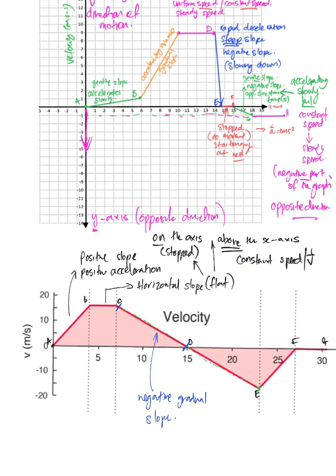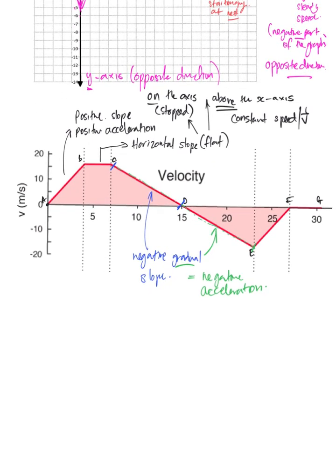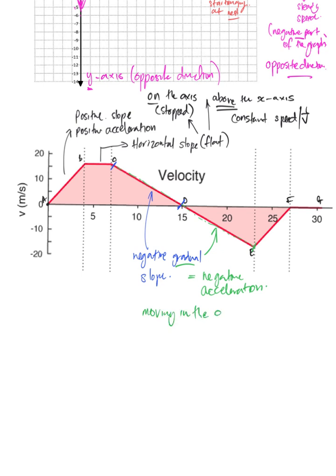So what we can say here, if I have this negative gradient or negative slope, it means I have a negative acceleration. And if I have a negative acceleration, it means I am moving in the opposite direction. Right.